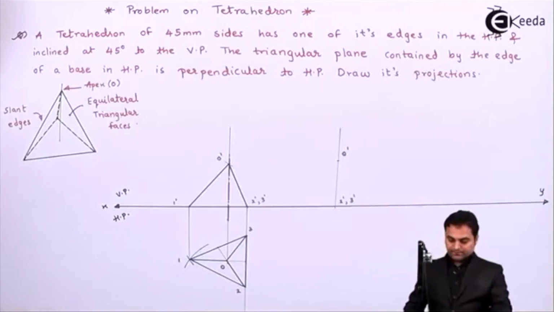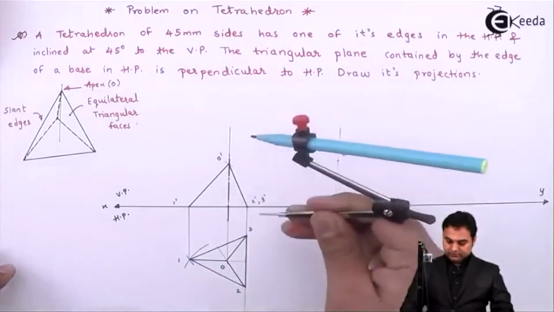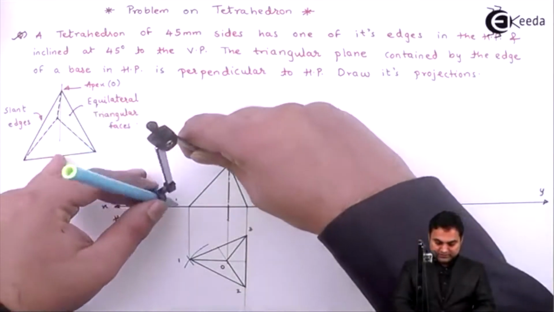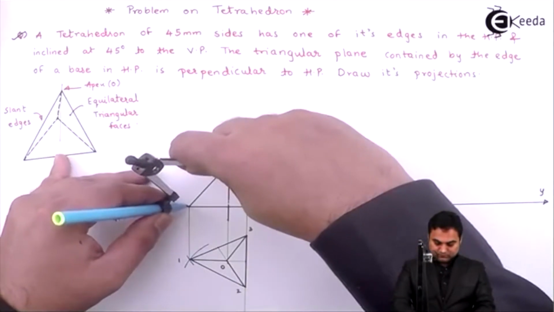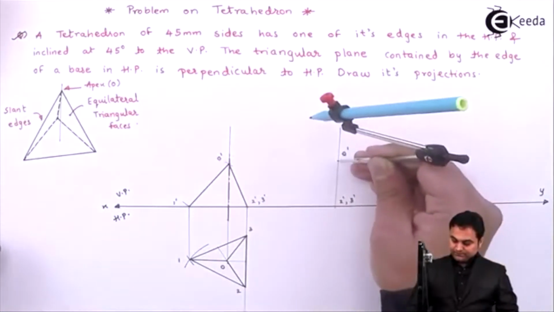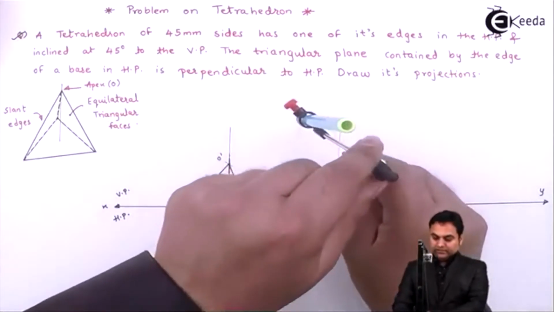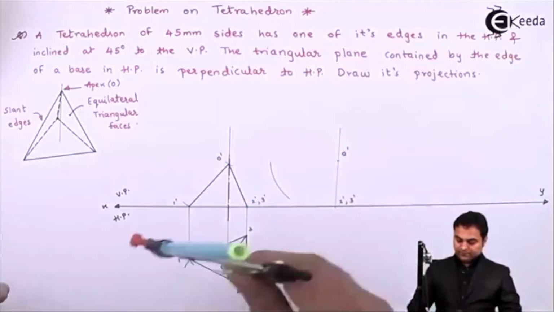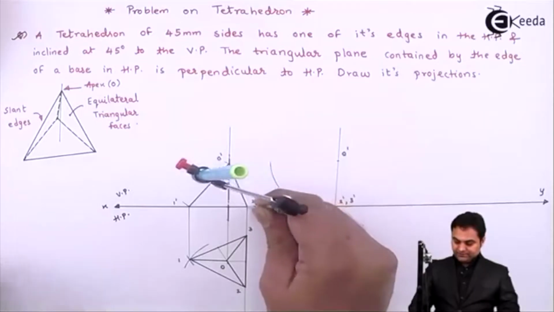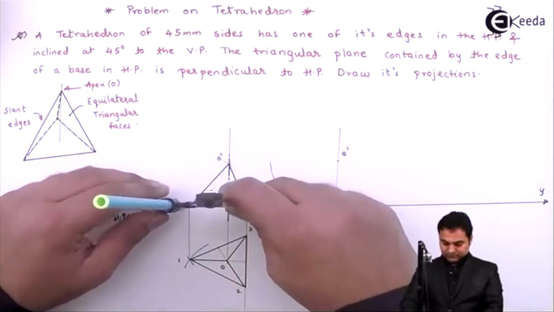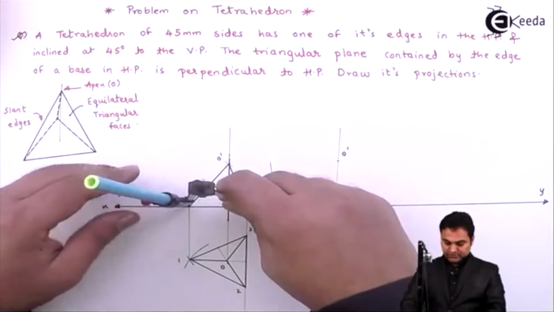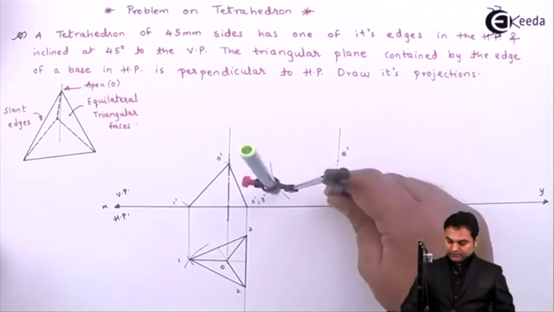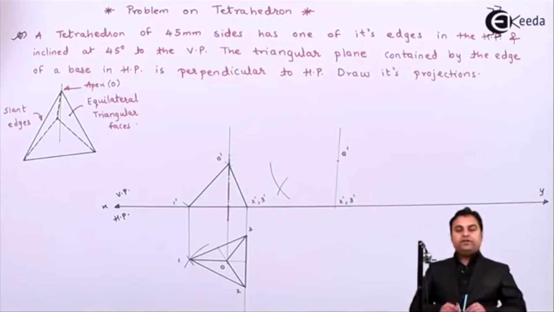Next, from O dash to 1 dash, I'll measure this distance and draw a light arc. Then measuring the distance of the base from 2 dash, 3 dash to 1 dash, keeping it over 2 dash, 3 dash, cutting this arc, so I get a point here.